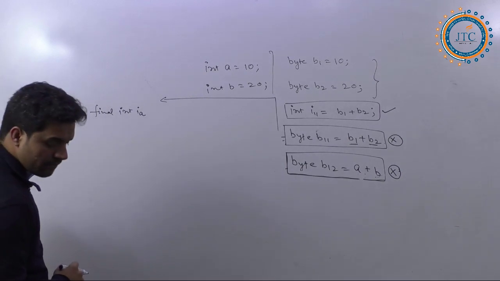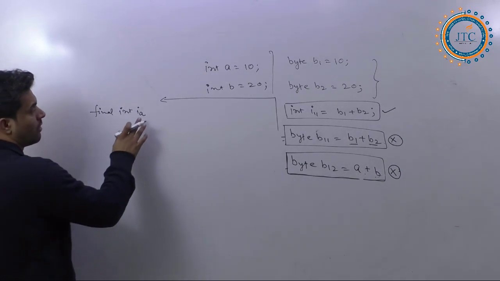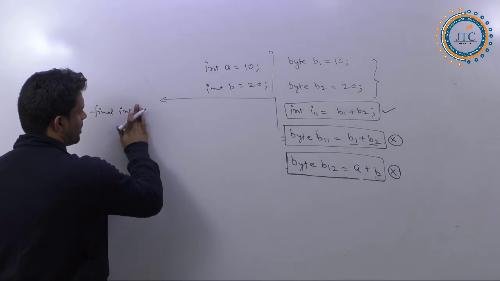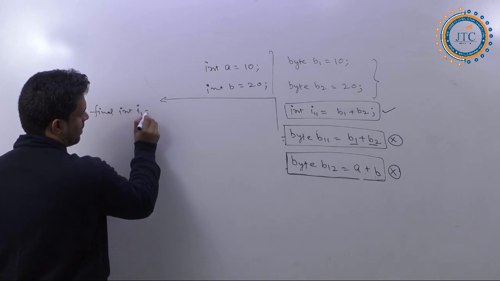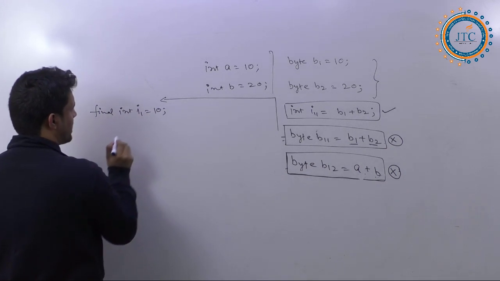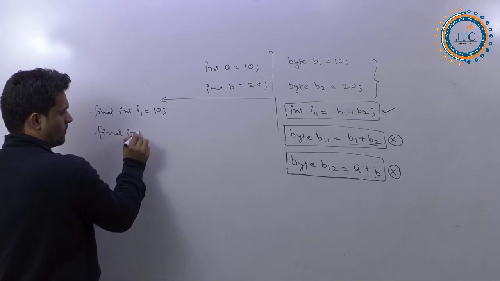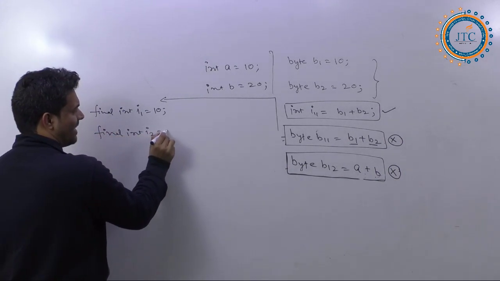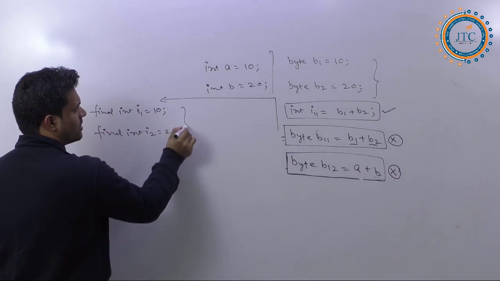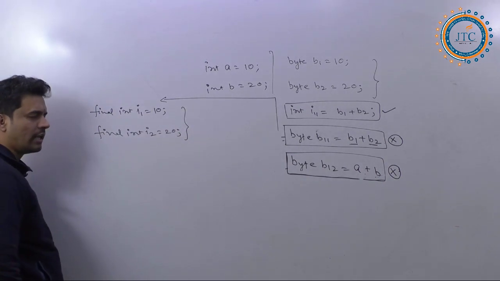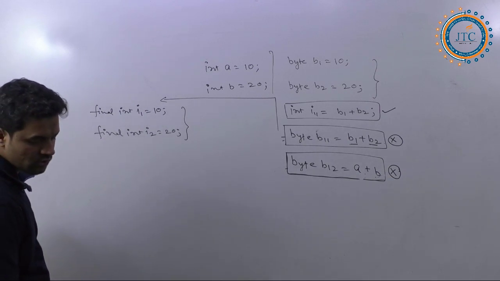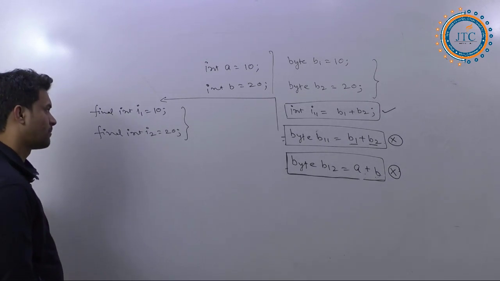So when I am writing here final int I1 is equal to 10, final int I2 is equal to 20, I can write. In both of the cases we can write these things.